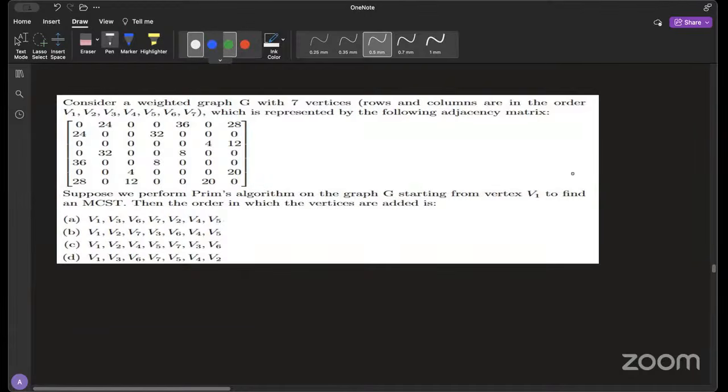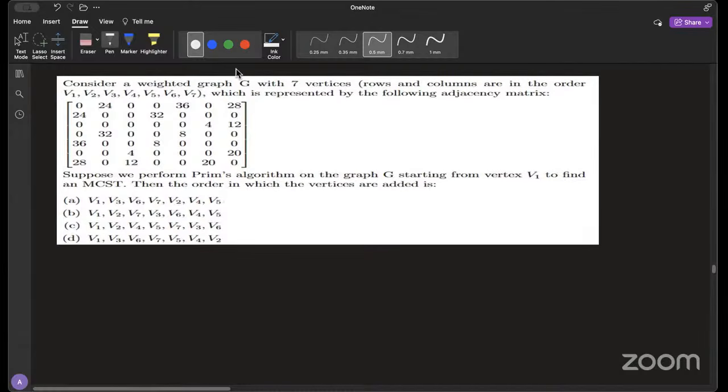The only type of questions where you can use the algorithm that you want are the ones where only minimum cost has been asked. If you've only been asked to find the minimum cost of a spanning tree, then you can use whichever algorithm you want, regardless of what's mentioned in the question. But don't do it in any other type of question. Like in this question, you have to use Prim's algorithm.